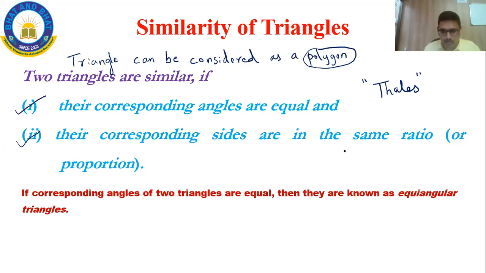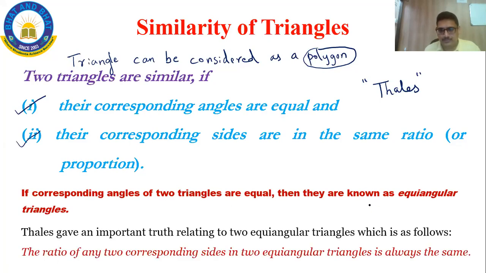So if I have to draw a diagram and explain to you, this is my first triangle, and this is my second triangle. If I name this as A, B, C, and this is P, Q, R, then what I have to say?